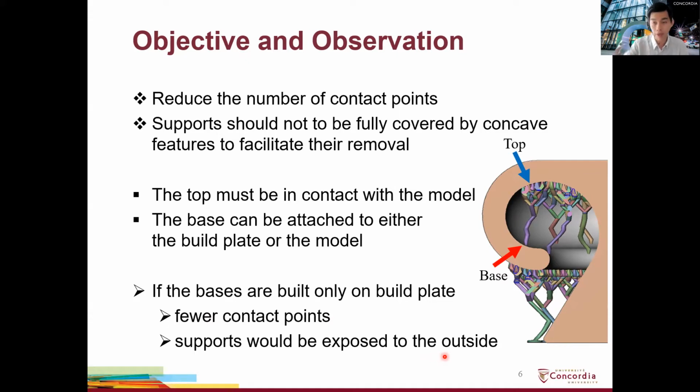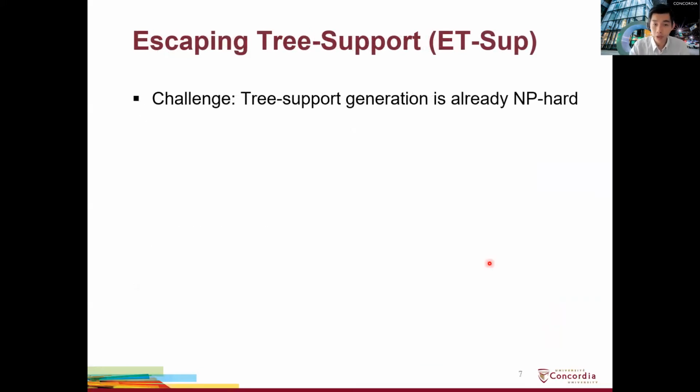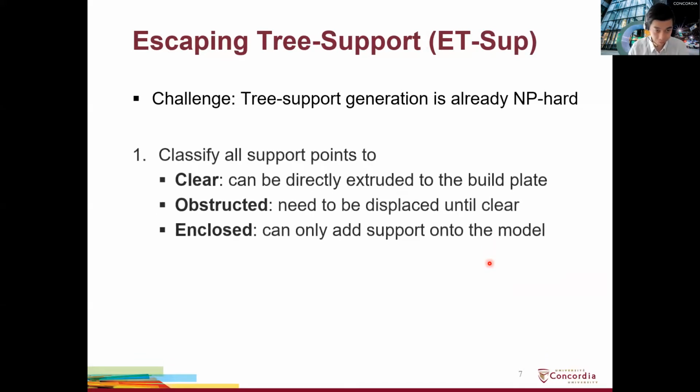Then you may have some ways to get them out from the model. Generally, tree support by itself is already NP-hard, at least NP-hard. How can we generate a support that can go outside from the concavity and then build on the build plate? That is the challenge that we want to solve.